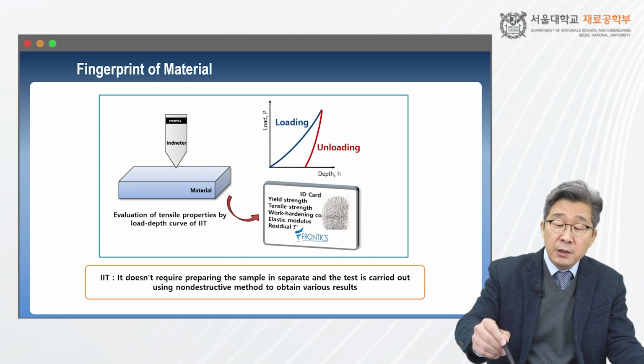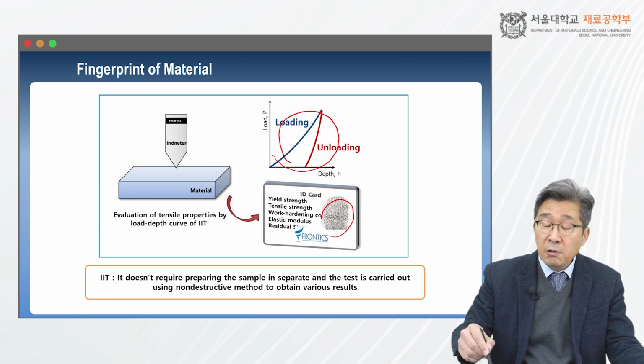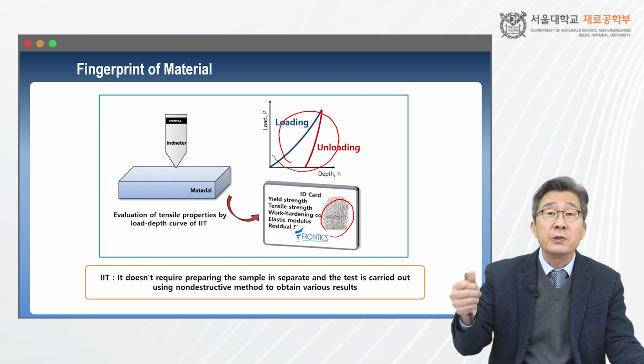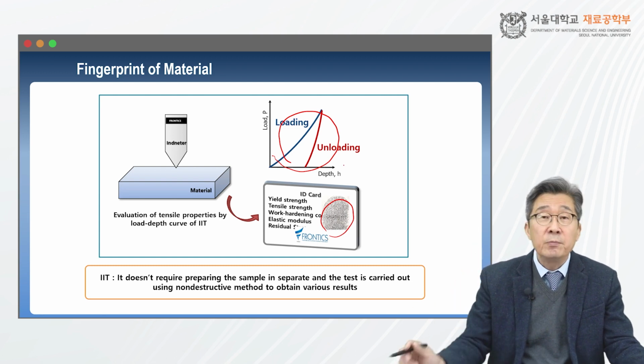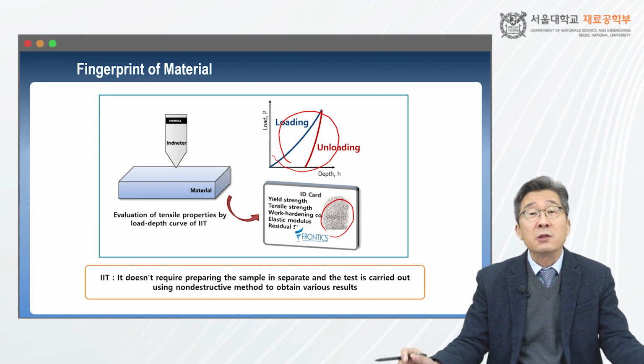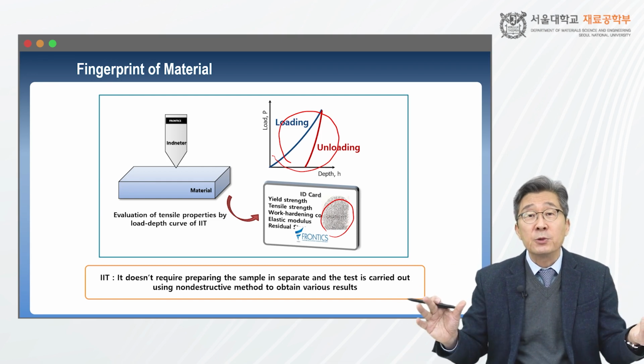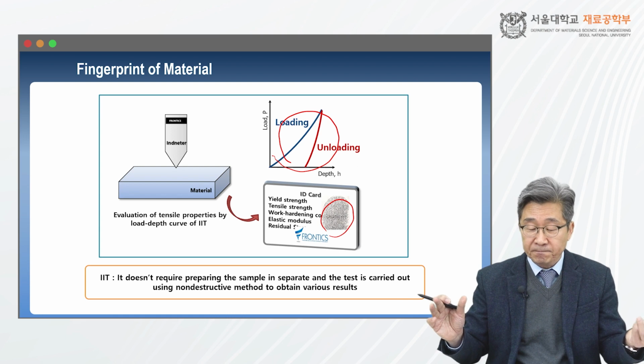And we call this indentation load-depth curve the fingerprint of materials, because it provides a very unique mechanical response of a target material without damaging materials or without preparing the specimen geometry.